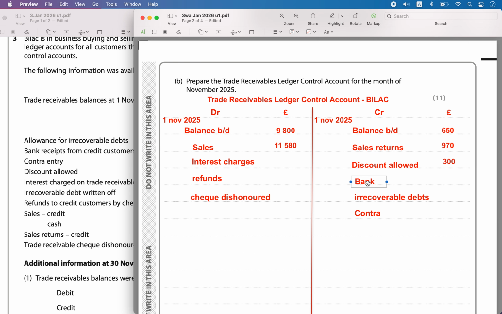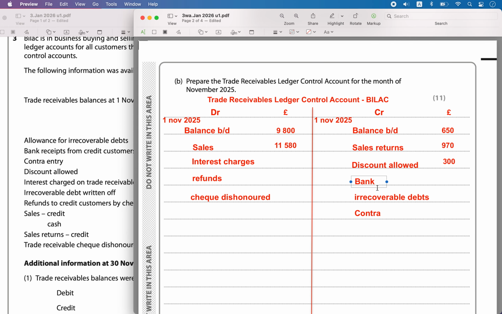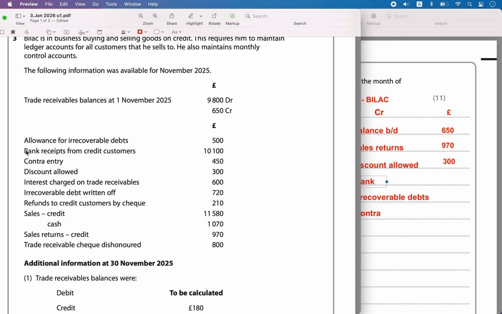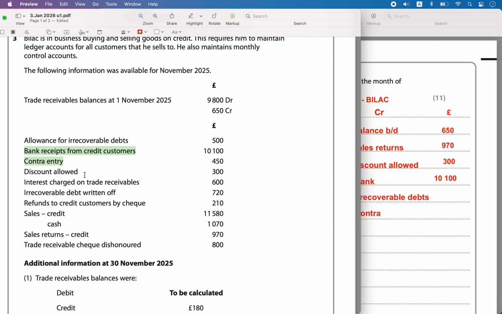Then you have the cheques received towards the payment for the sales. What is the cheque that was received towards the payment of sales? Bank receipts from the credit customers, those who have paid by cheque for the sales that have taken place. So 10,100 customers have paid back.